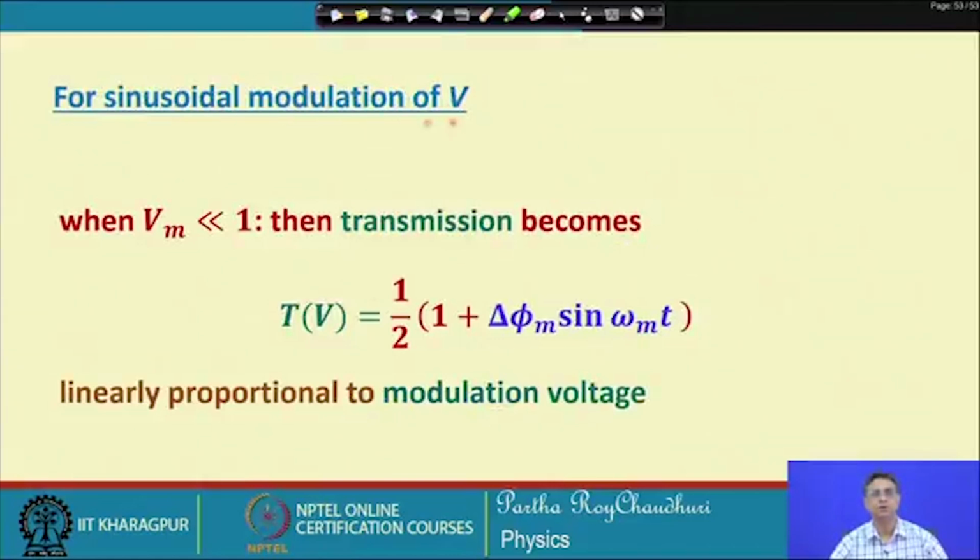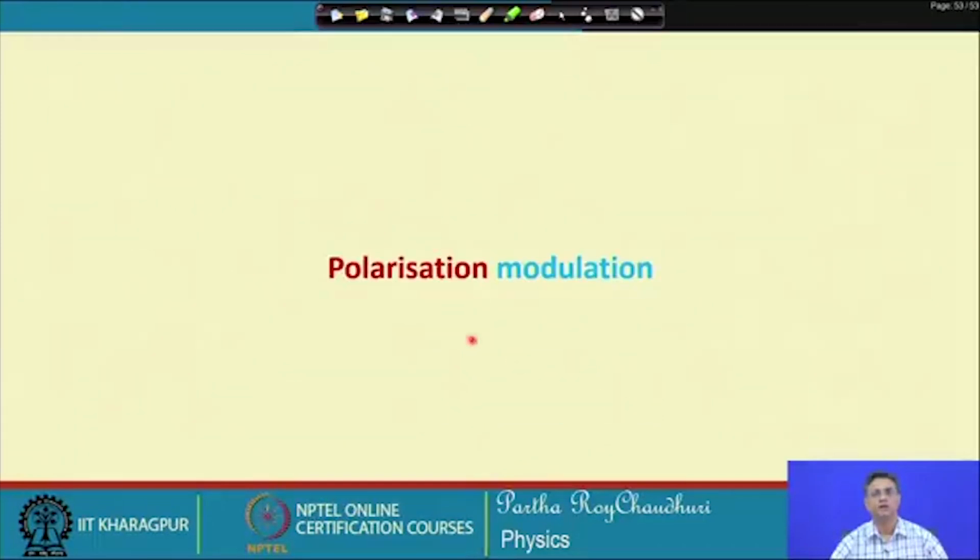For sinusoidal modulation of V, when V m is much less than 1, that is for a very weak, very small modulating signal, the transmission becomes this, and you can see that it is linearly proportional to the modulating voltage.